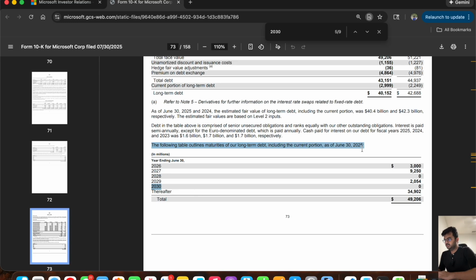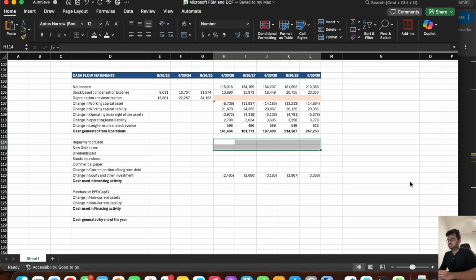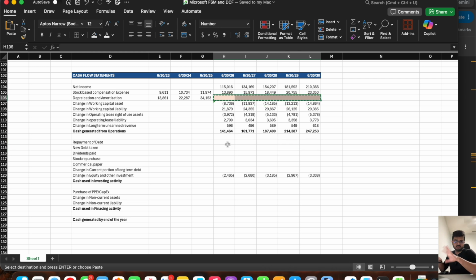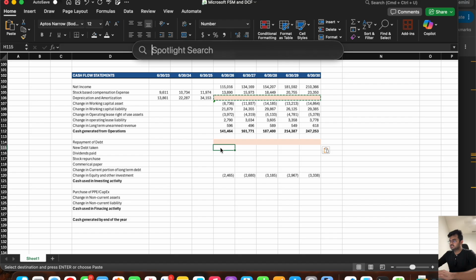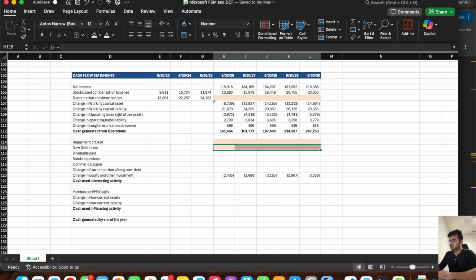They have given that in 2026 they need to pay $3 billion, 2027 they need to pay $9.2 billion, 2029 they need to pay approximately $2 billion. So we need to build a separate schedule to update the repayment of debt and the new debt taken. For now, I would not do it because I'll first get the skeleton of the cash flow statement. Then in the next part of the video, we will develop a detailed schedule and see how the numbers come up.